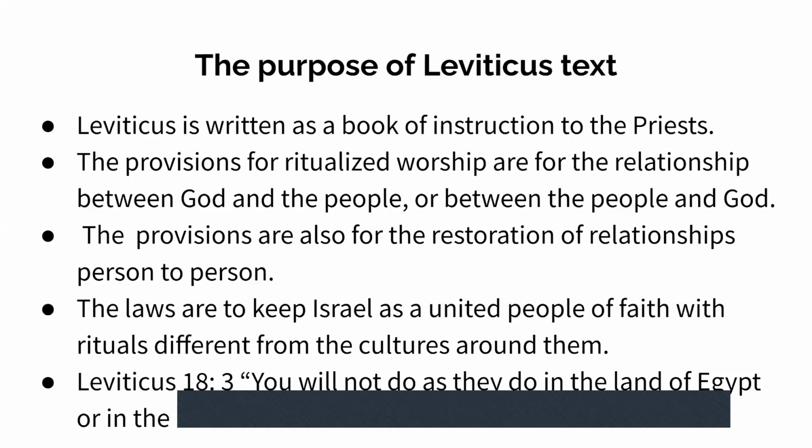The purposes of the Leviticus text then, besides instruction for the priests, are to provide a ritualized form of worship that will show and build the relationship between God and the people, and between the people and God. So both ways. The provisions are also for the restoration of relationships between people from person to person. The laws are to keep Israel as a united people of faith with rituals that are different from the cultures around them.